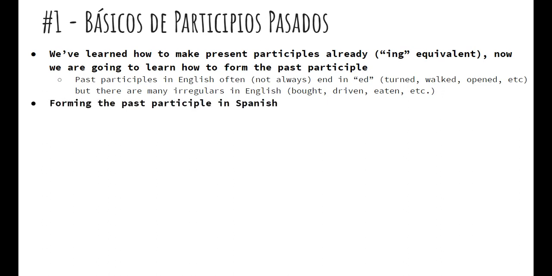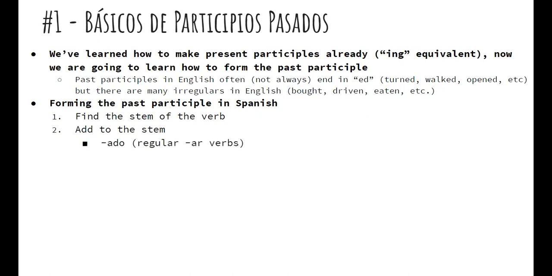So how we form the past participle in Spanish is by finding the stem of the verb and then add to that stem either ado for regular AR verbs or ido for regular ER or IR verbs. So very similar to what we add for finding the present participle. That was ando and yendo.